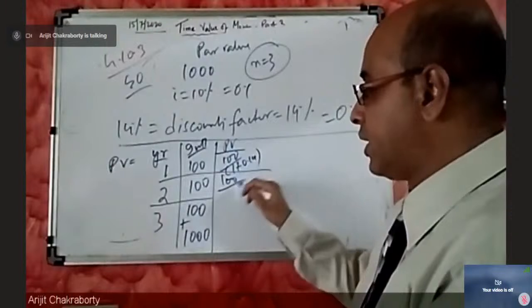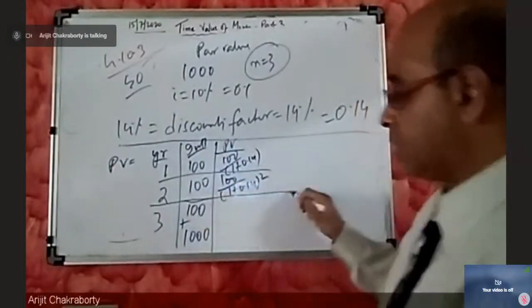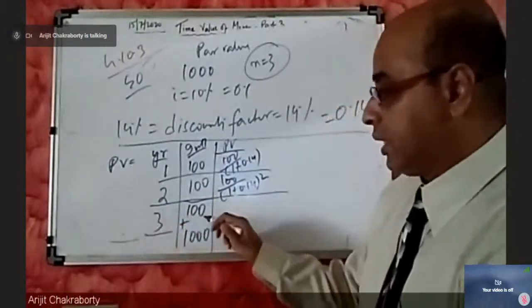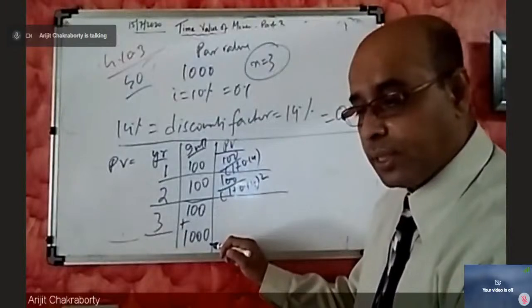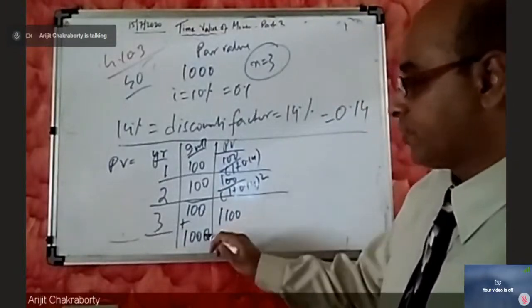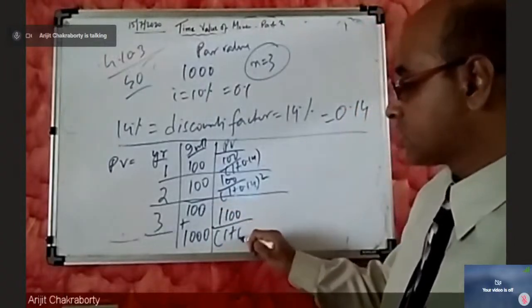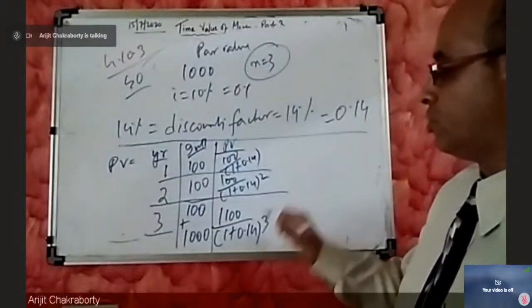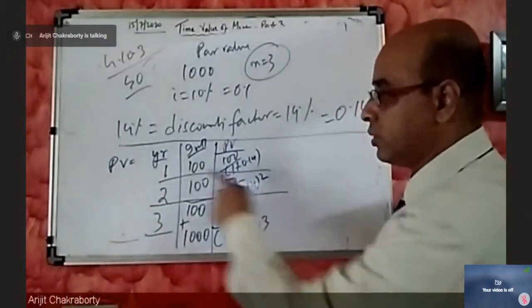The present value is 100 divided by 1 plus 0.14 square. Done. Third year he is actually getting 100 plus 1000. So in all he is getting 1100, 1100 divided by 1 plus 0.14 cube. N is 3. Here N is 2. Here N is 1.